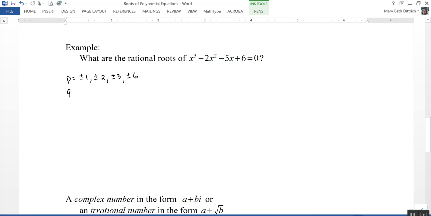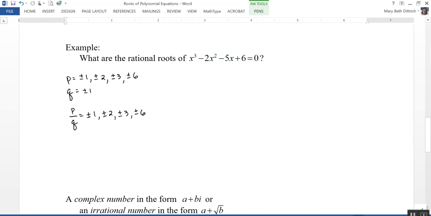My values of q are the factors of the leading coefficient, which is 1, so plus or minus 1. So my possible rational roots, p divided by q, are positive or negative 1, positive or negative 2, positive or negative 3, and positive or negative 6.